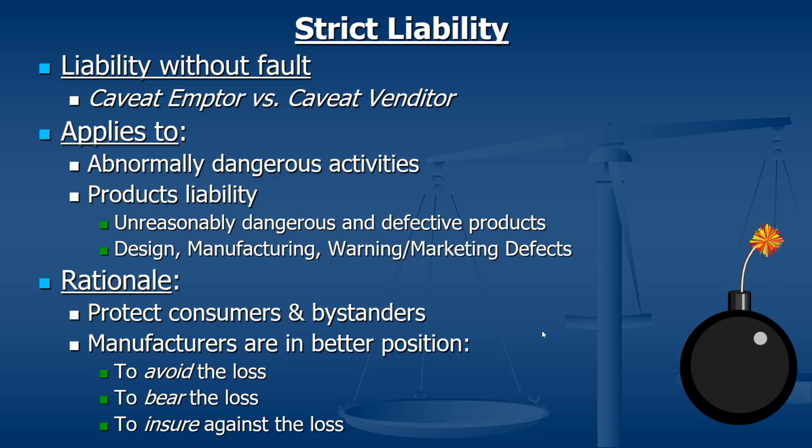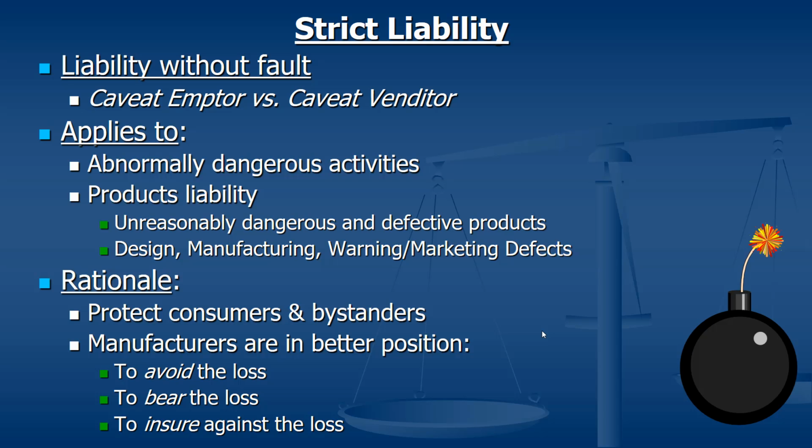In the law recently, there's really been a shift from the idea of caveat emptor, which is buyer beware, to caveat venditor, which means seller beware. So this is an area where a lot of new regulation is coming in, and sellers and manufacturers are having to be very careful about the products that they produce.